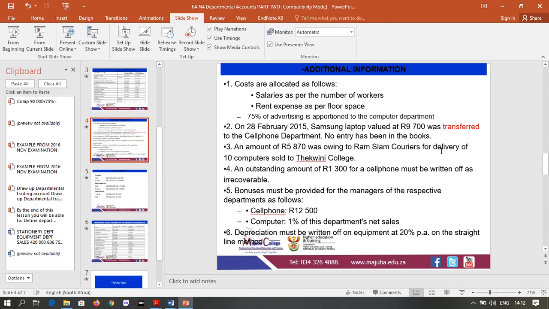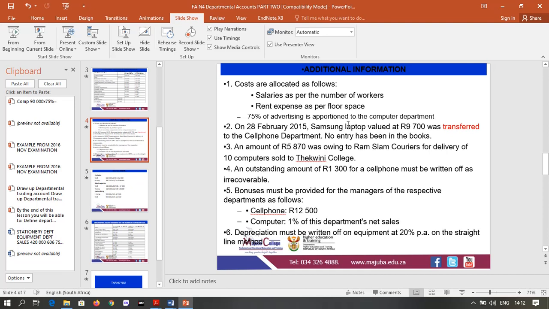In this case, this laptop was transferred to cell phone, which means under cell phone it's going to be a plus 9,700, and under computer department, it's going to be minus 9,700.